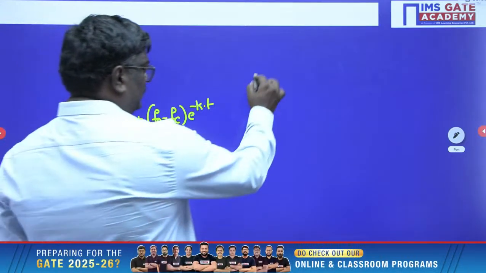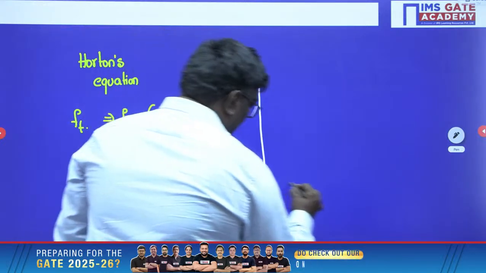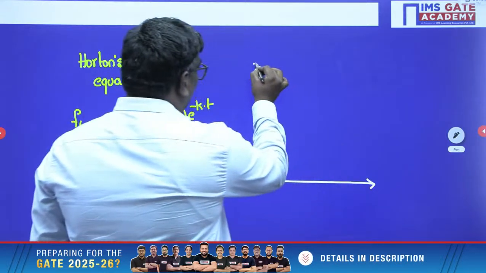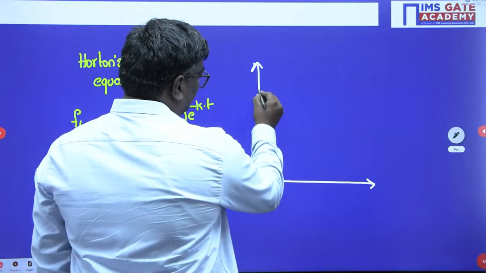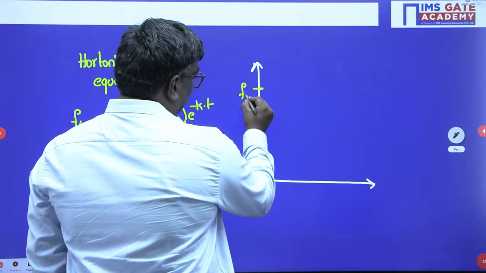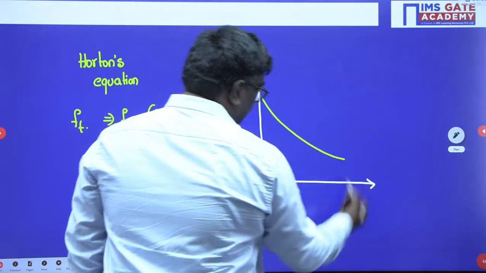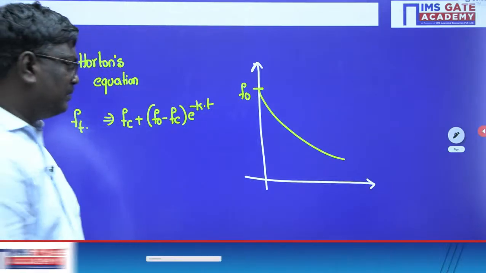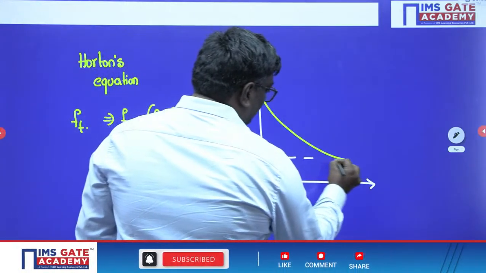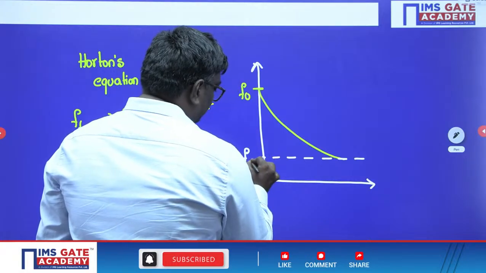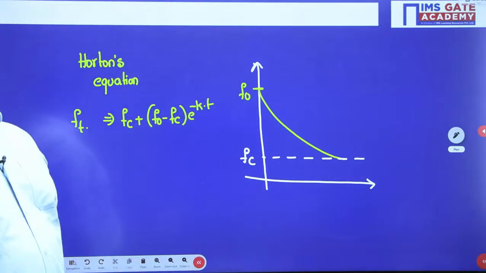Why? Because, see students, if you see the graph also, the infiltration will start initially at this point. Finally it decays. Decays means it decreases. And it will become the final constant rate as Fc. Initially it is what, sir? F naught.